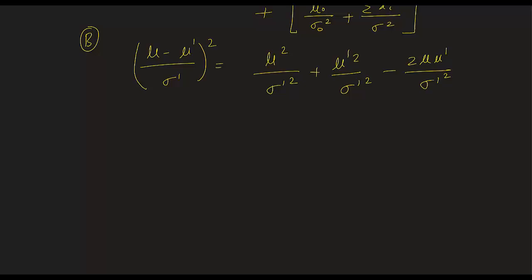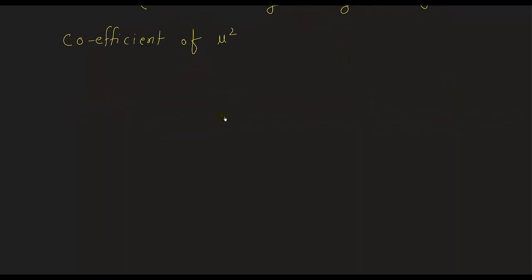So if I equate the coefficient of mu square, then we get 1 by sigma dash square equals 1 by sigma naught square plus n divided by sigma square.